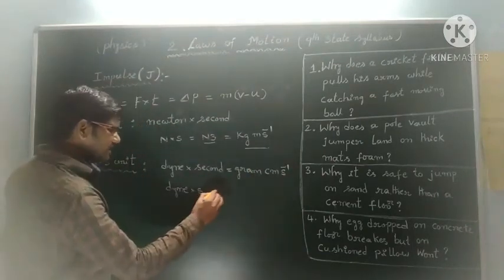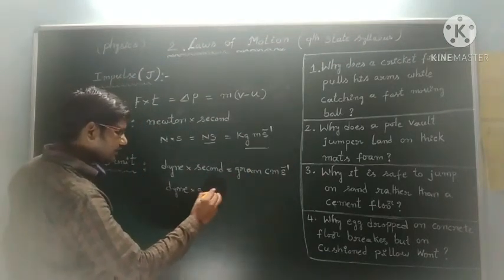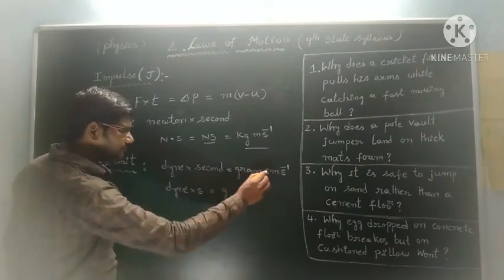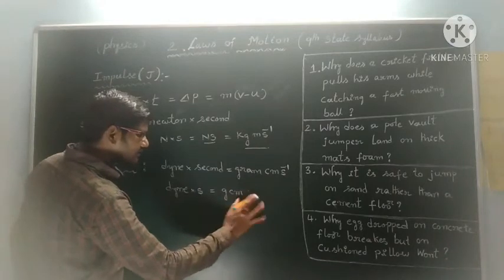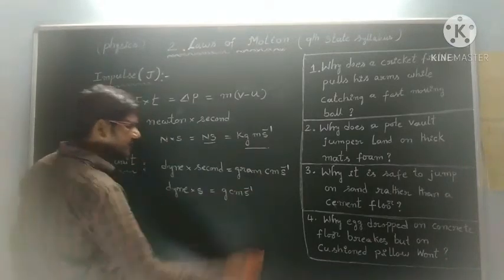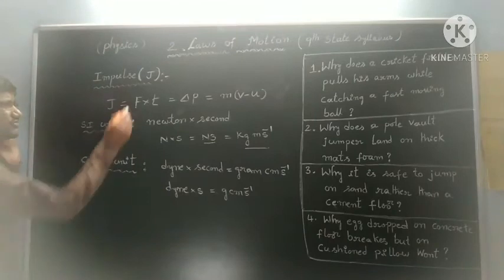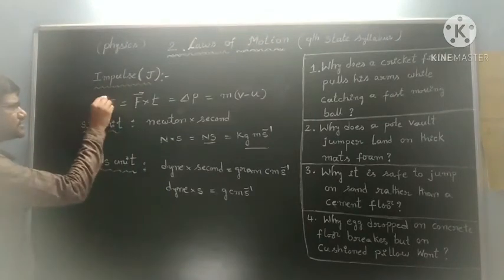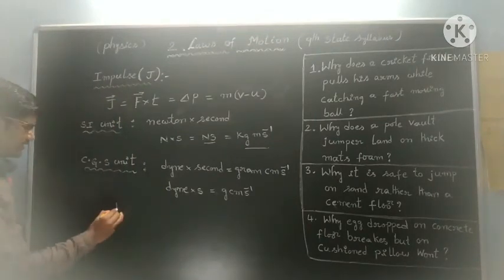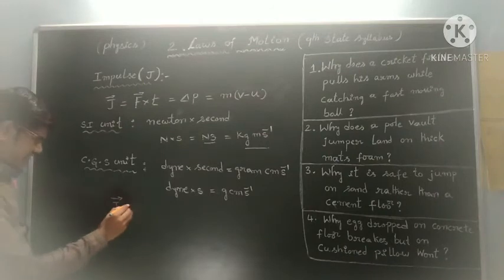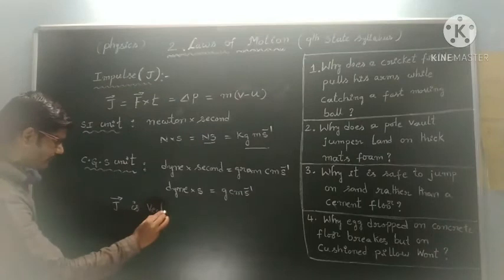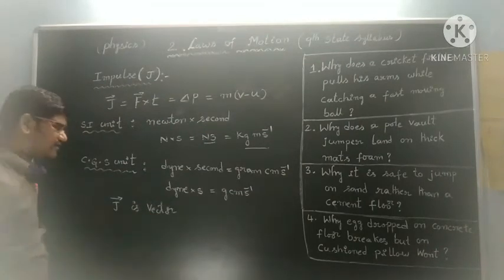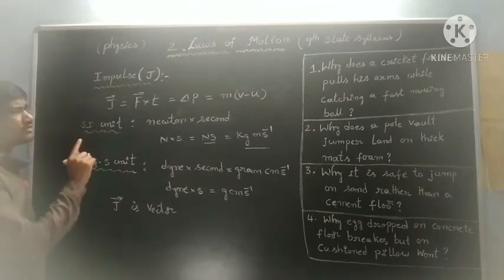So that is dyne into second, a gram symbol g, centimeter second power minus 1. And see children, force is a vector, so impulse is a vector quantity. So we will write impulse J bar is a vector physical quantity. Simply remember vector, it's sufficient. So that is about impulse.